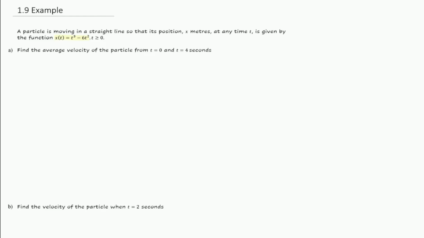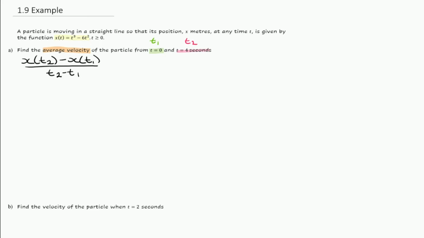As it's asking us to find the average velocity, we know that we can use the formula x of t2 take away x of t1, all on the top of t2 take away t1. I'm going to make t equal to 0 into my t1, and t equal to 4 seconds is going to be my t2.